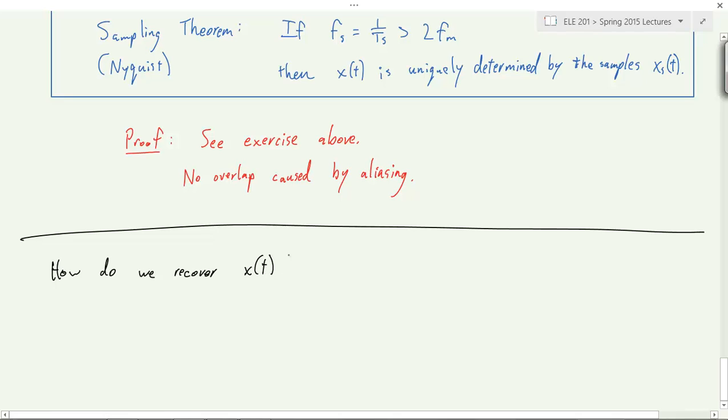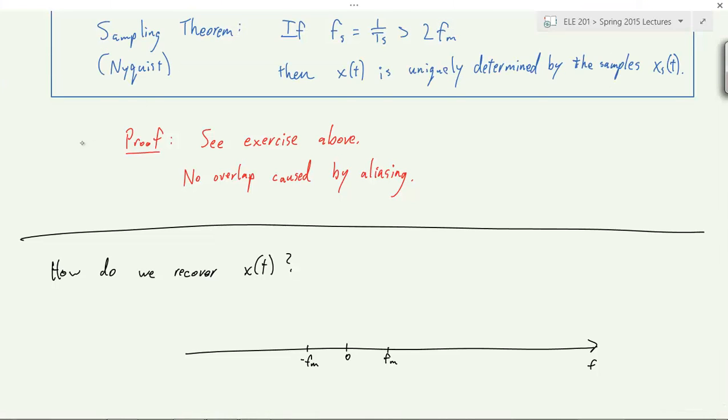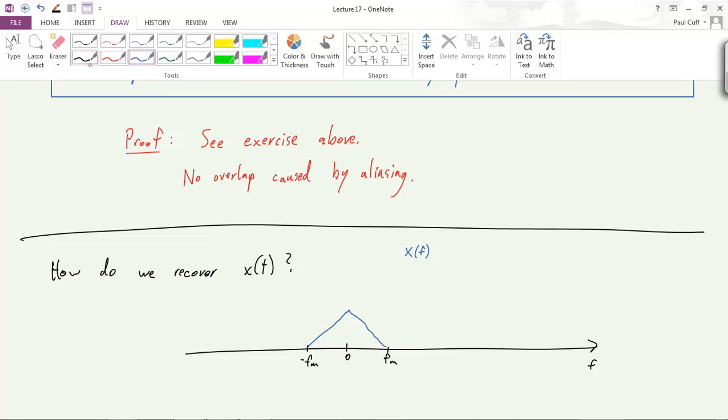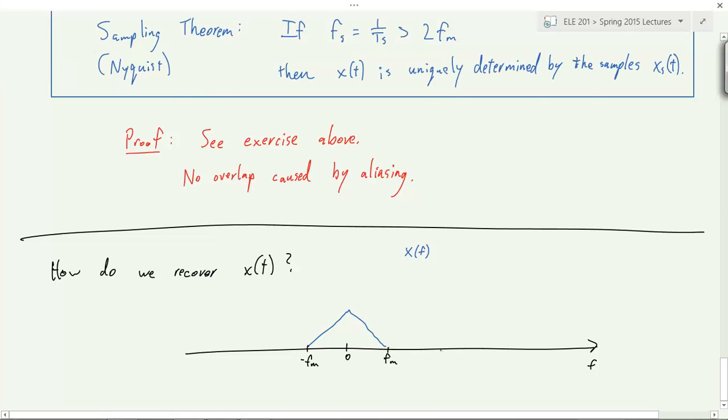How to recover x of t? Let's just do this by picture. You started with a spectrum. I'm going to change it now and just use a triangle because it's easy to draw. So you started with a spectrum like this. Let's say the blue is X of f, the original spectrum. Now you sample at some frequency that's high enough, so let's say at least twice F_M.